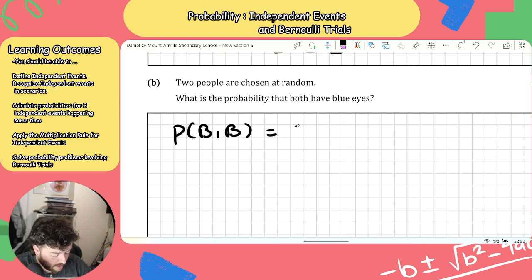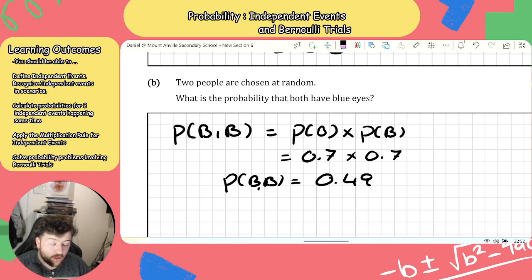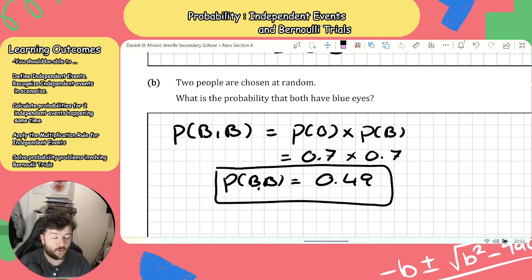So the probability of blue times the probability of blue is 0.7 times 0.7, which gives me 0.49. So the probability of picking 2 people at random and they both have blue eyes is 0.49 or 49%.